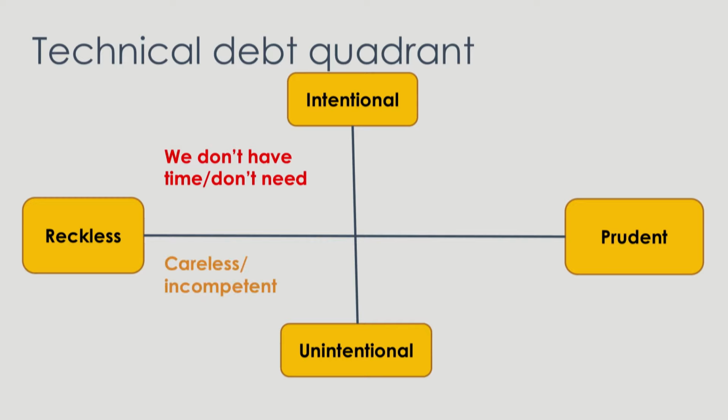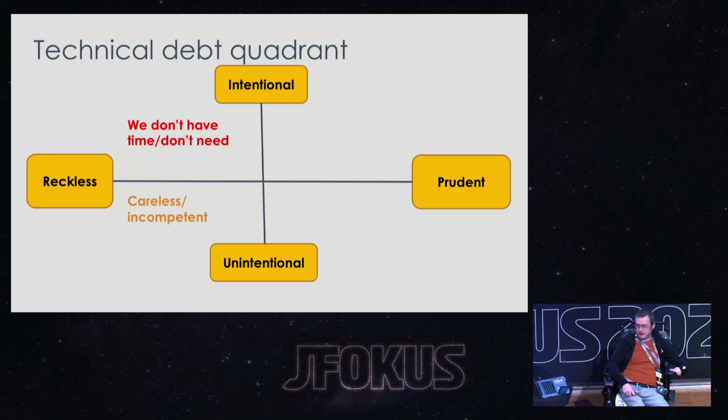Then, of course, you can be unintentionally reckless. Sounds kind of stupid. Well, it is stupid. But it basically means incompetence, carelessness. Incompetence sounds bad, but well, 12 years ago, I have been a junior developer, so I was probably careless. I wanted just to make some code, compile. I didn't think of or didn't know of best practices, like solid principles.